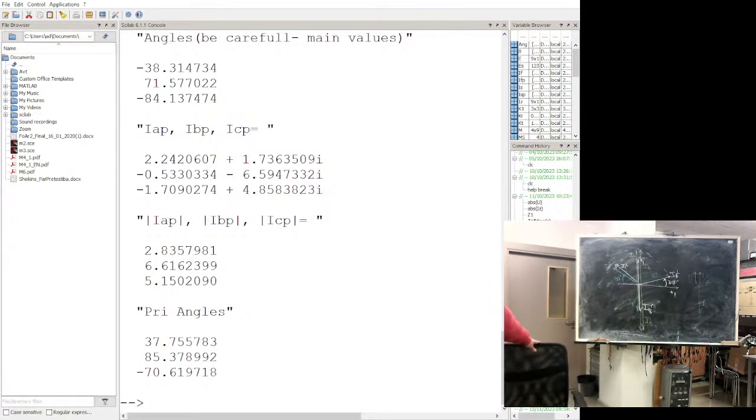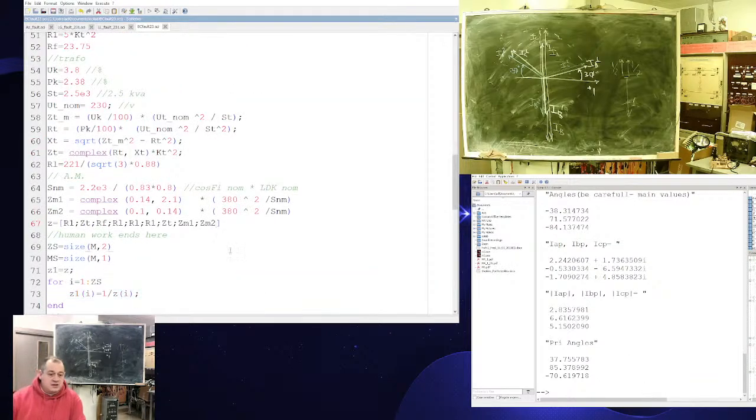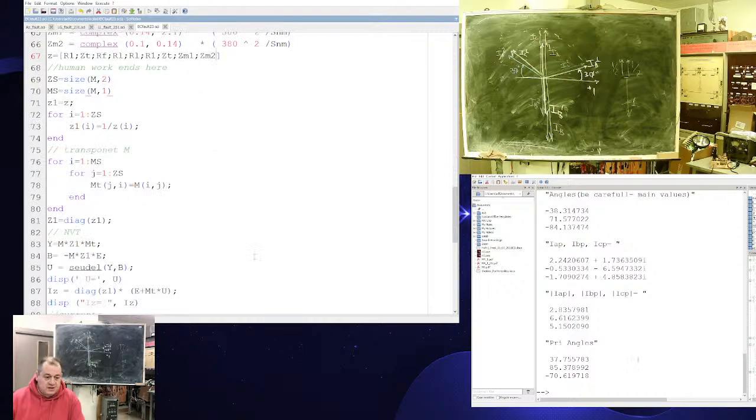We remember the number of branches. Let's try to obtain this motor current. Its branch number, which one? Seven. It was 8 and 9, yeah? 8 and 9.